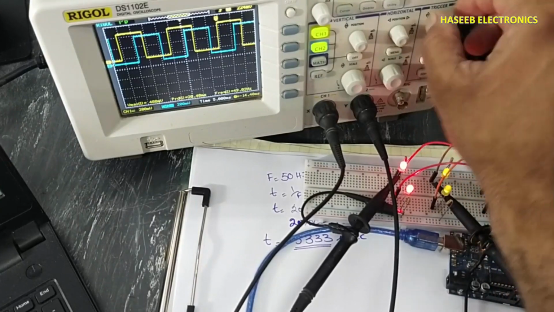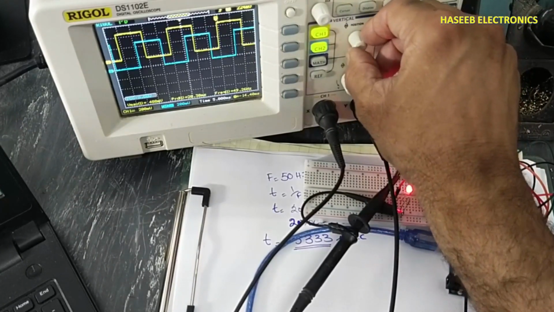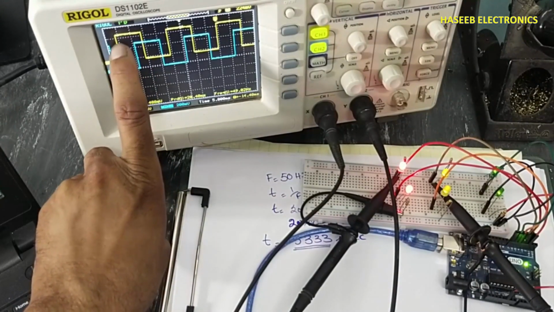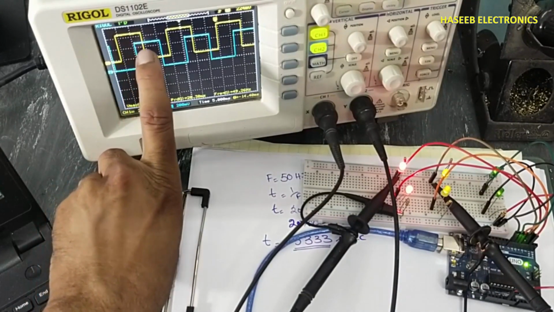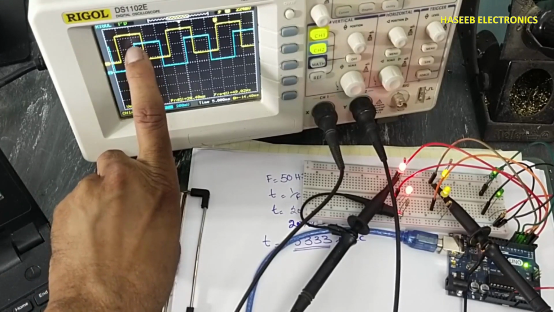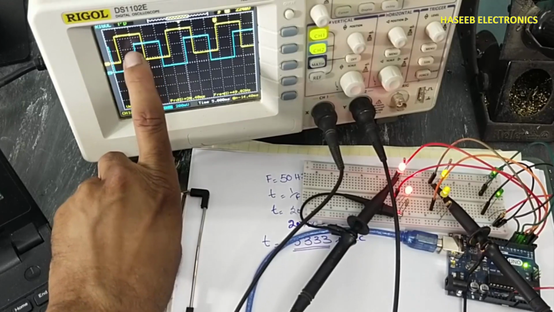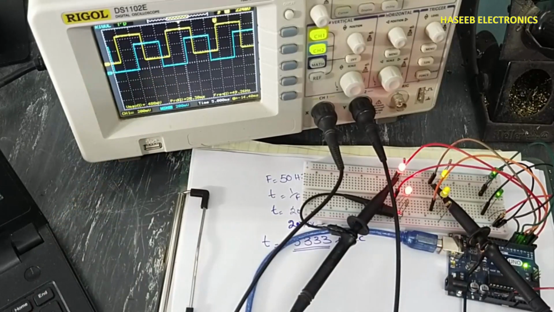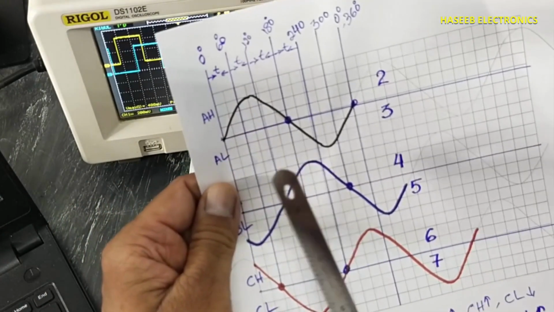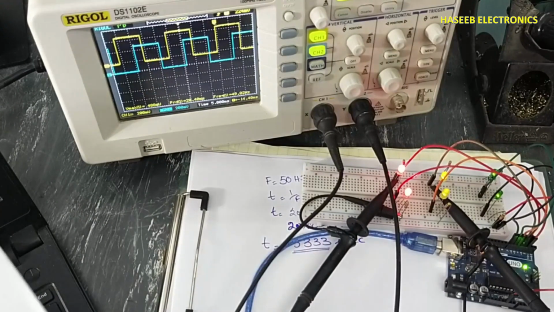Yes, that's perfect. We can see when channel A is high and reaching around 120 degree, at that time channel B is starting. As we discussed, after this time period, this signal is starting from 0.